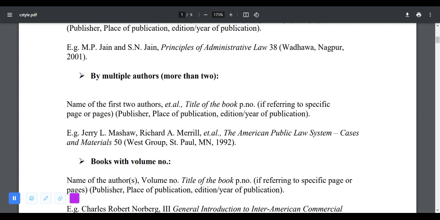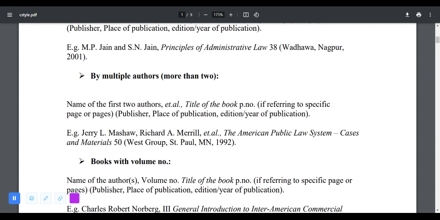Et al. means "and others." So the names of the first two authors, comma, then et al., then comma, then provide the title of the book, then the page number without a comma.